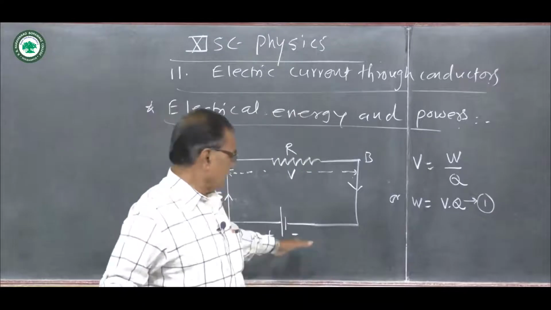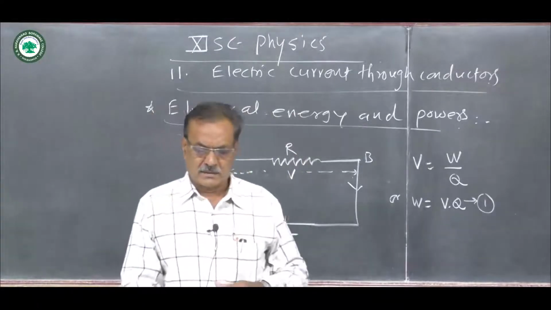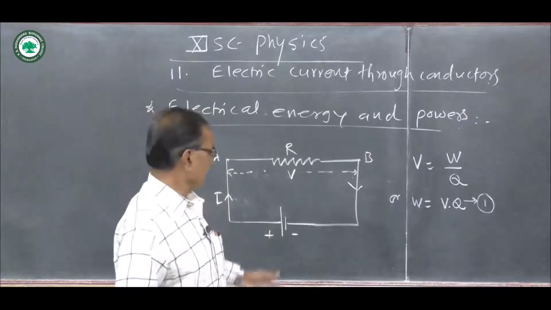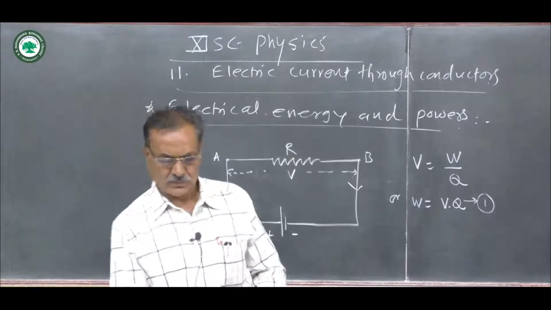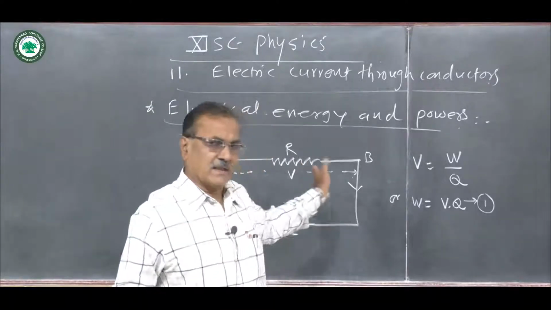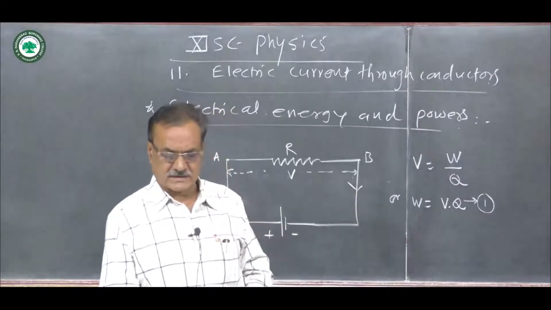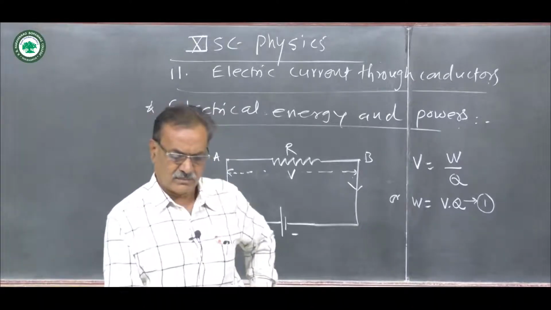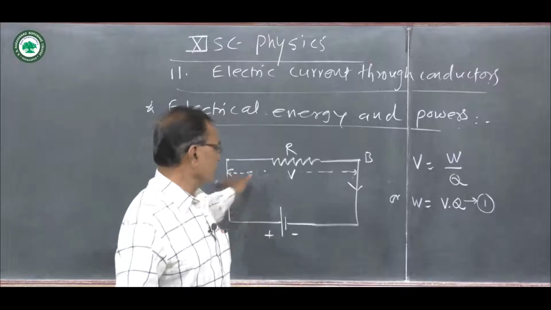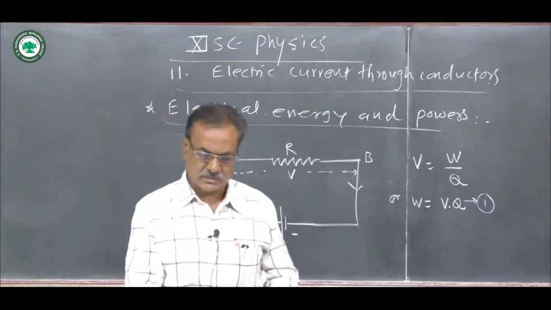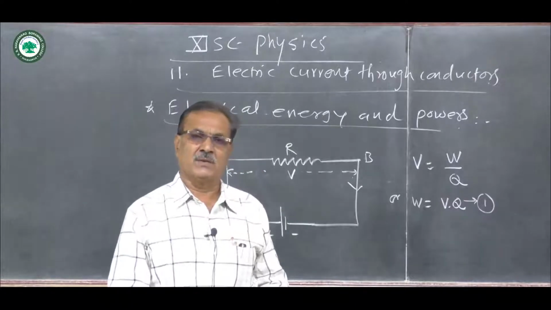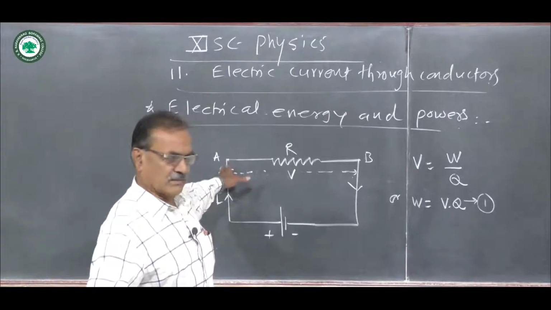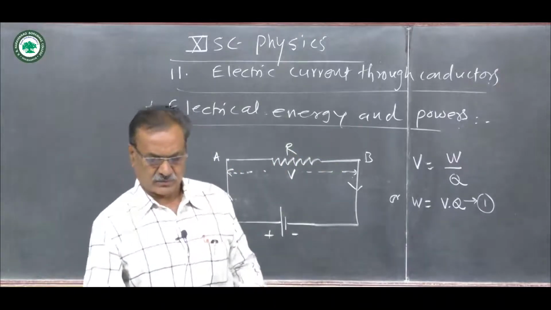Now, the cell provides this energy through the charge Q to the resistor AB, where the work is performed when the charge Q flows from higher potential point A to lower potential point B. That is, point A is at higher potential and point B is at lower potential.